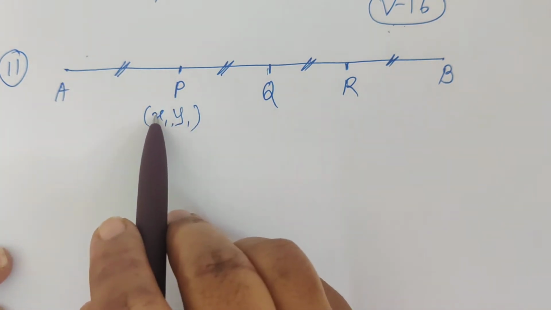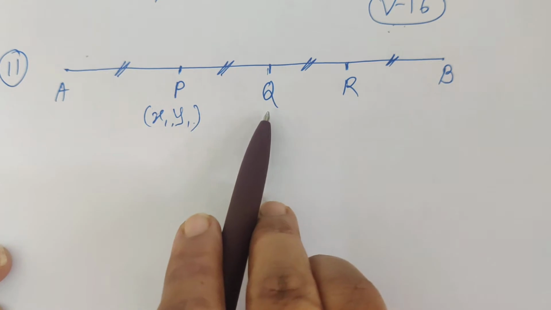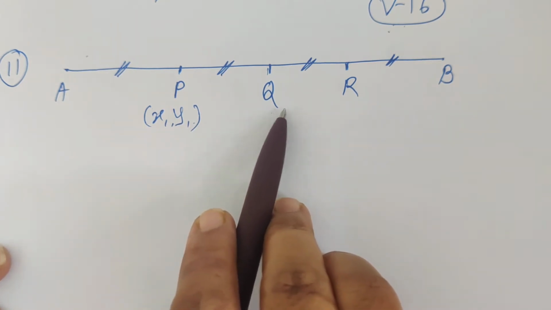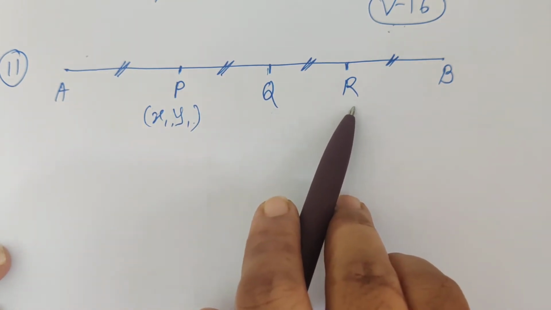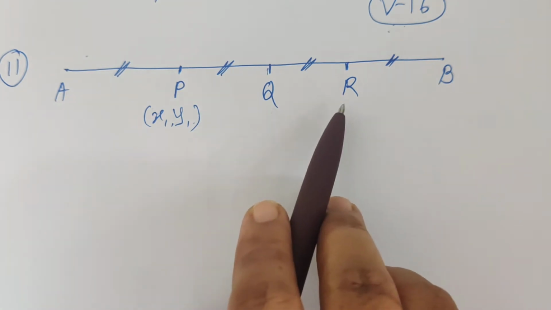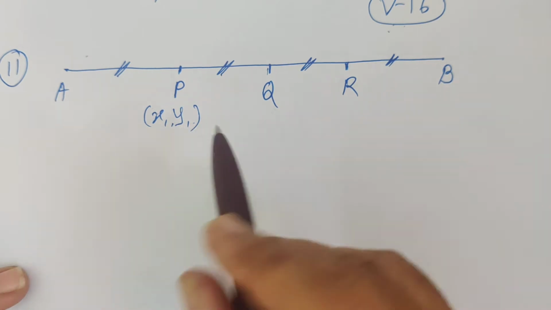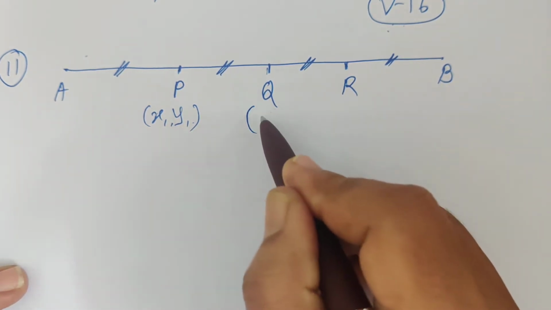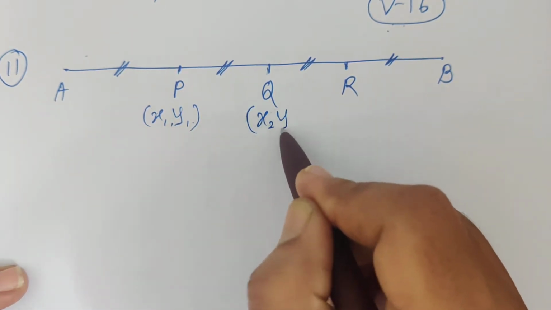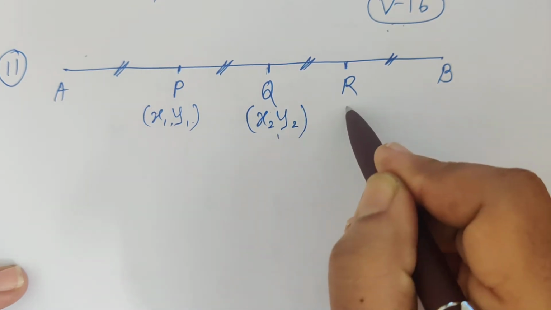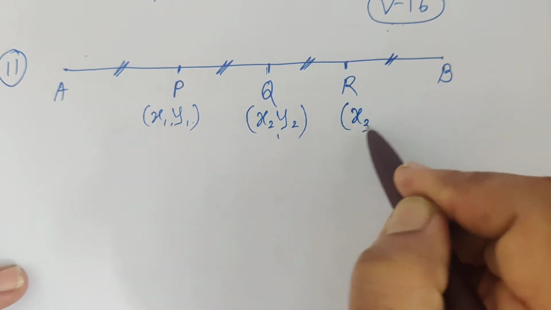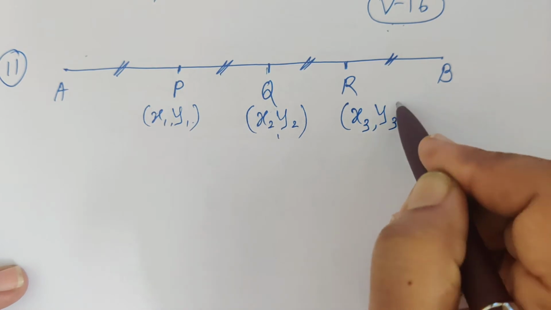You can say P's coordinates are A and B, Q's coordinates are M, and R's coordinates are X, Y. Any other variables you can use. I am using x1, y1 for P, Q's coordinates x2, y2, and R's coordinates we will consider x3, y3.